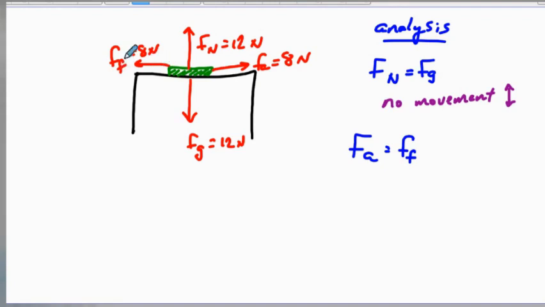Then I have a force of friction of 8 newtons, and I pull the object to the right with a force of 8 newtons. Once again, those forces are equal, so there's no net movement side to side. Once again, not quite right. That would be if the object was stationary, there's no movement.